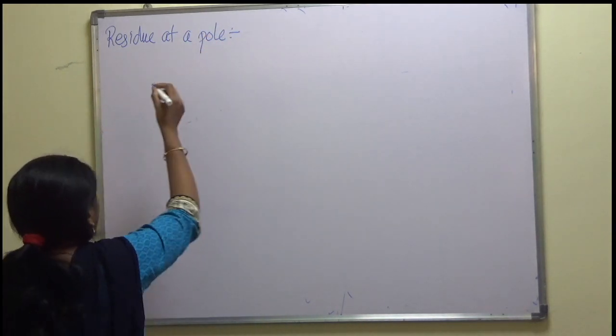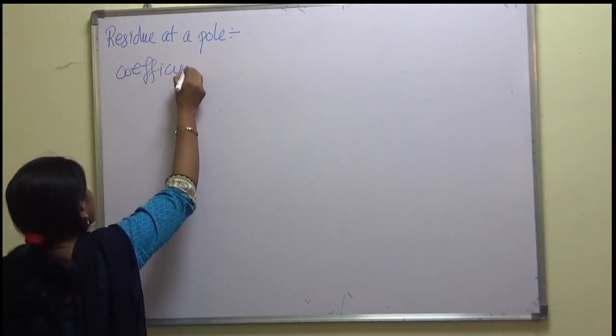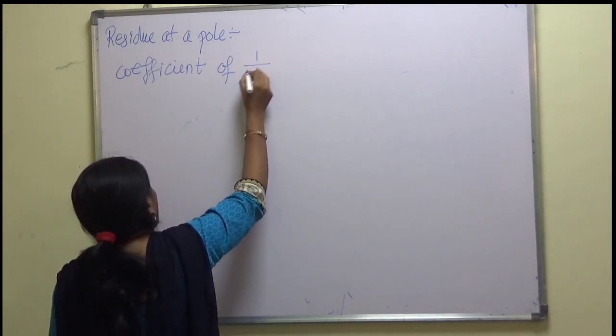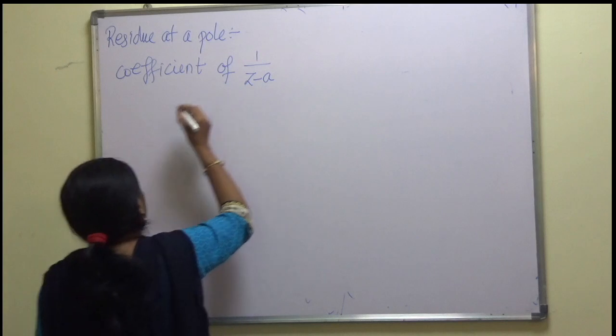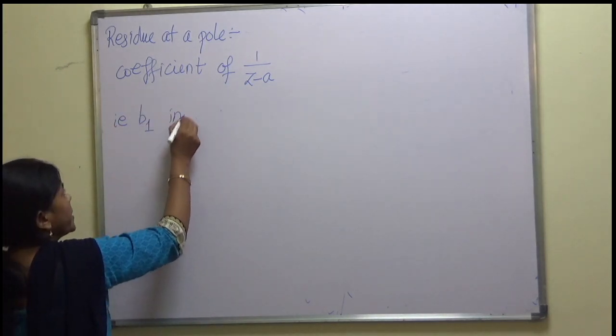The coefficient of 1 upon z minus a, that is b1 in the Laurent series.